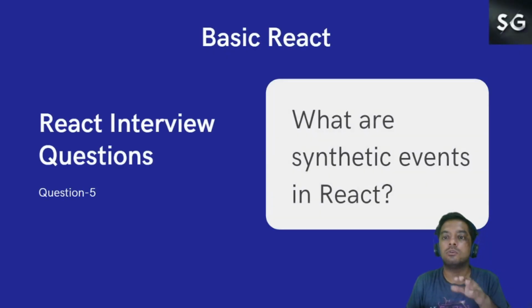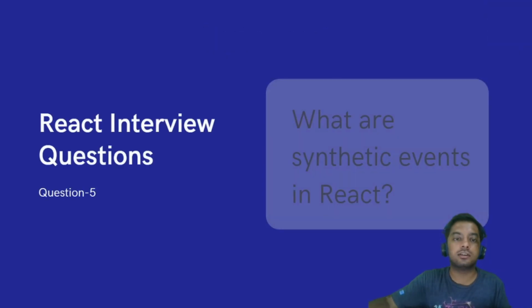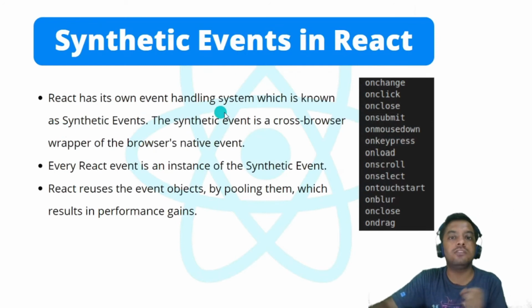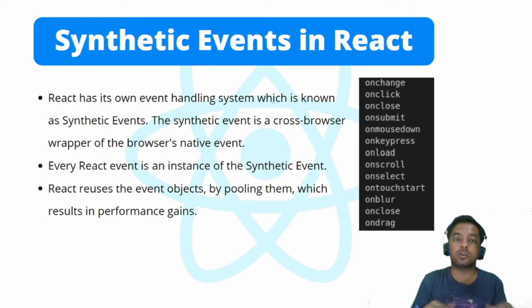Next question is, what are synthetic events in React? React has its own event handling system, which is known as synthetic events. The synthetic event is a cross-browser wrapper of the browser's native event. Let's understand this with an example. Let's consider a click event.